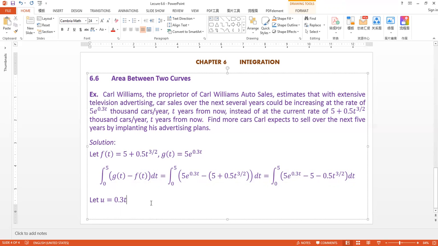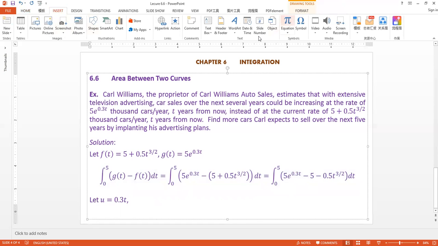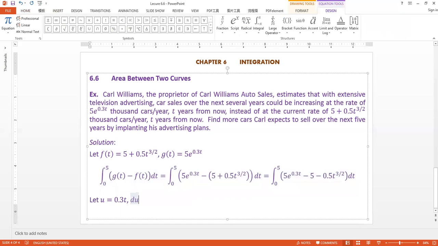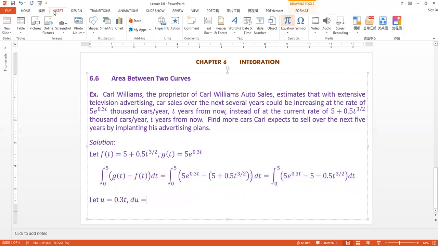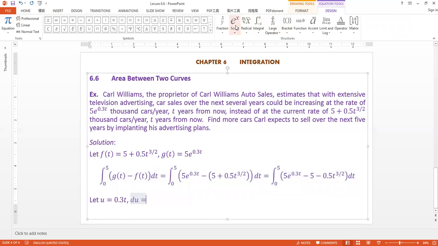Then what? Then we need to find du, right? So du, the differential, is just 0.3. Well, if we write all the steps, it will be the derivative of 0.3t.